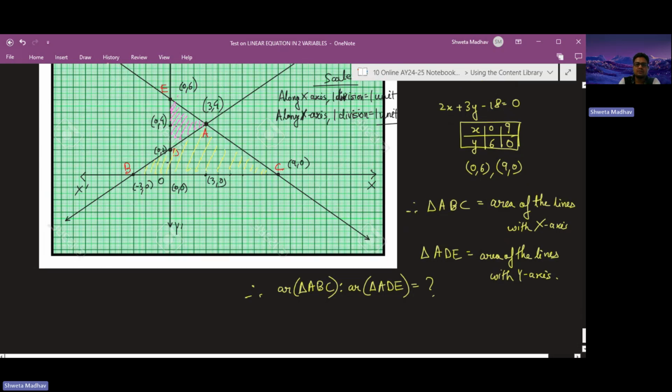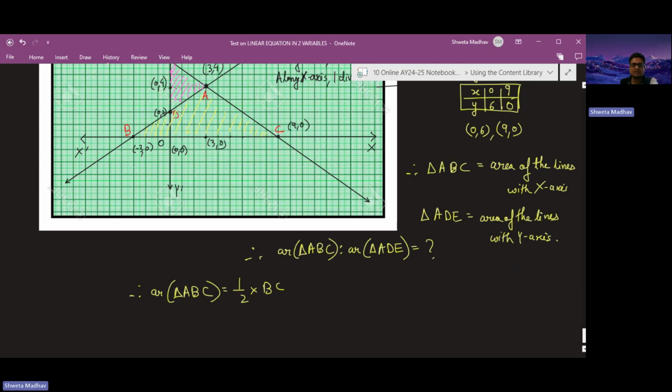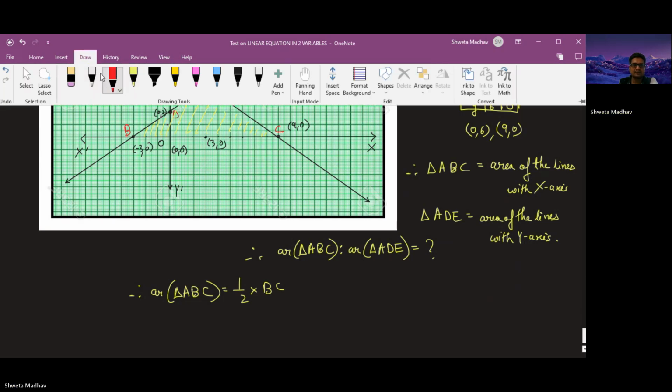Now the area of the triangle ABC is equal to half into base into height. The base is BC, and the height we can say is 4 units. Why?